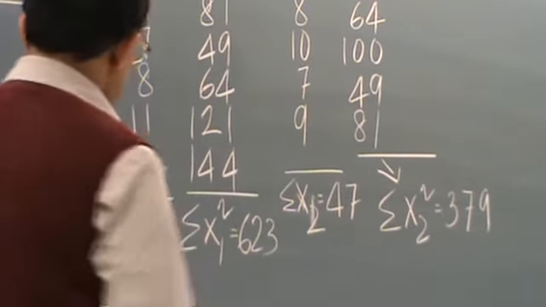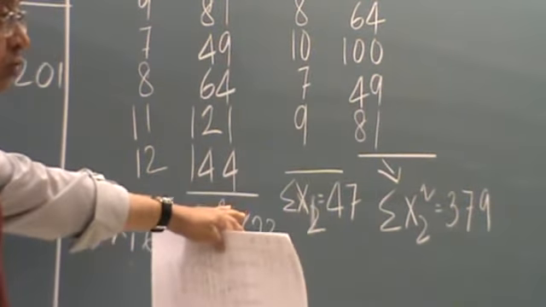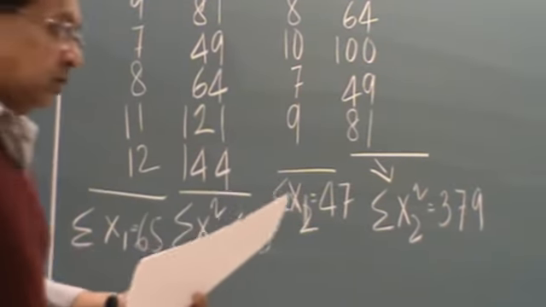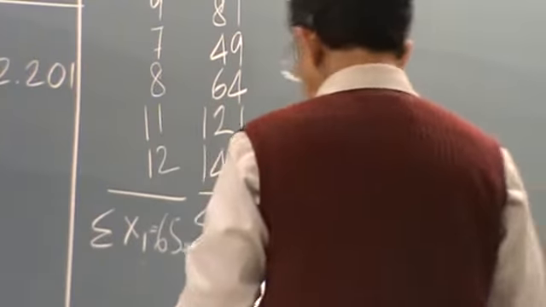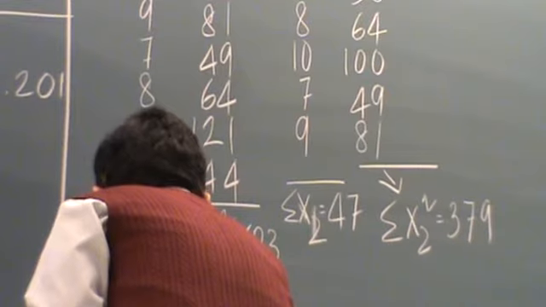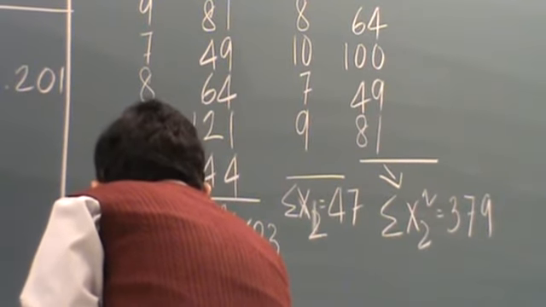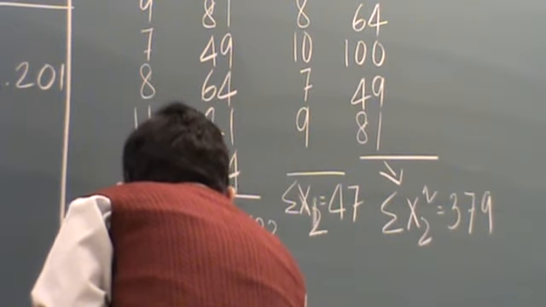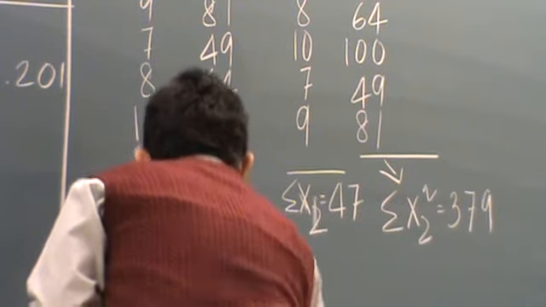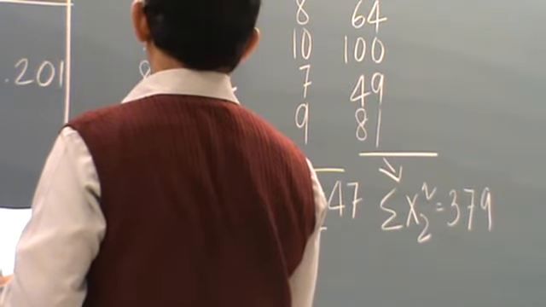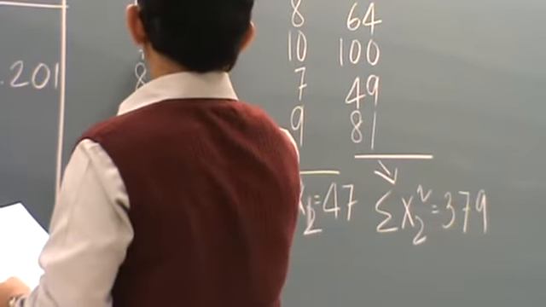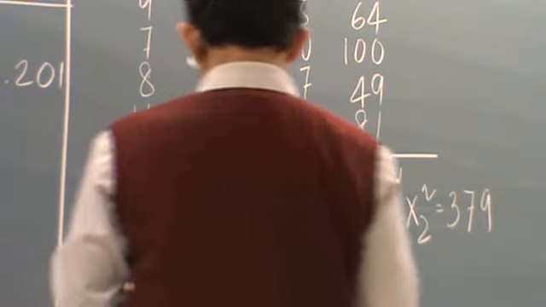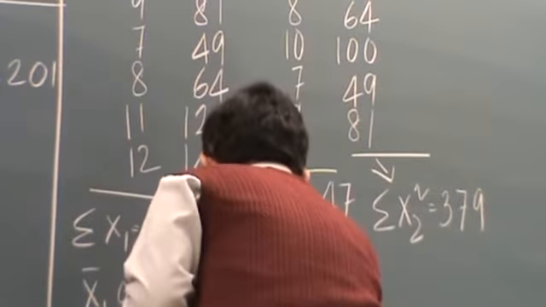From this sum of x1 and sum of x2, we have to find out the mean. So you can write it as x1 bar, or you can write it as M1 equals 65 divided by what? 7. By 7, and that will be 9.2.